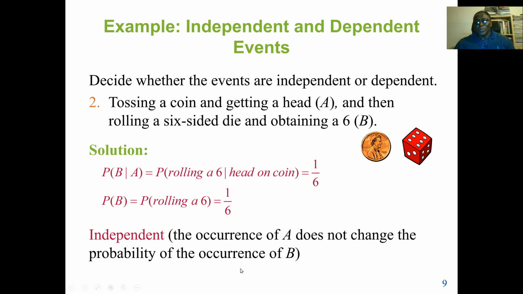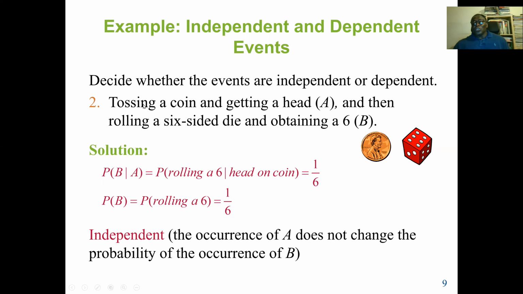Probability of B given A, that is probability of rolling a 6 given a head on a coin, will be 1/6. And probability of rolling a 6 is 1/6. Independent because the occurrence of A does not change the probability of occurrence of B.